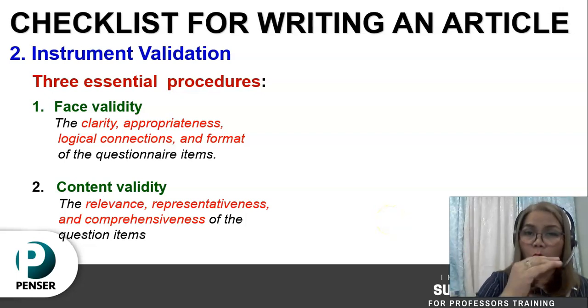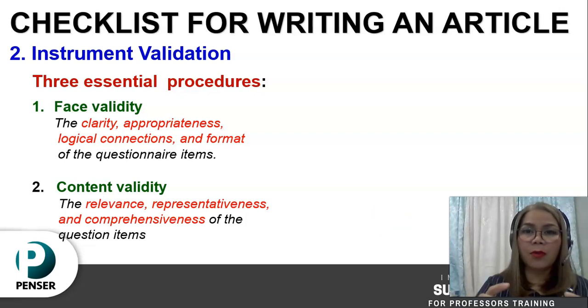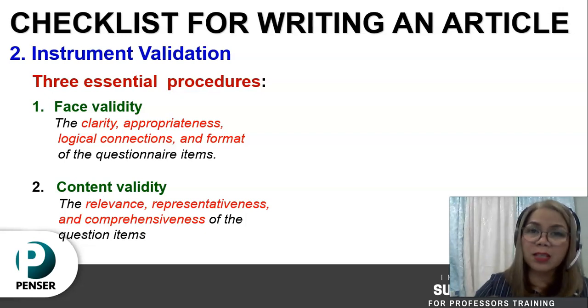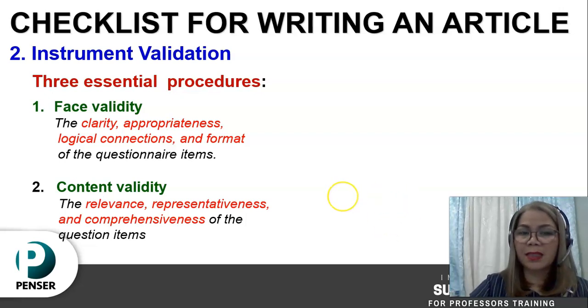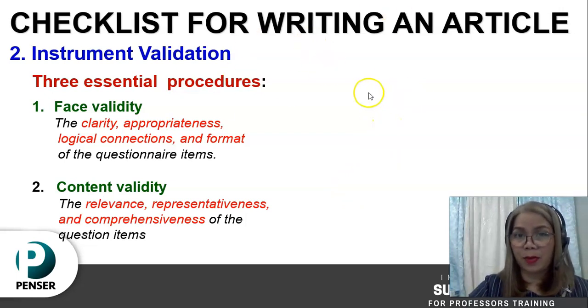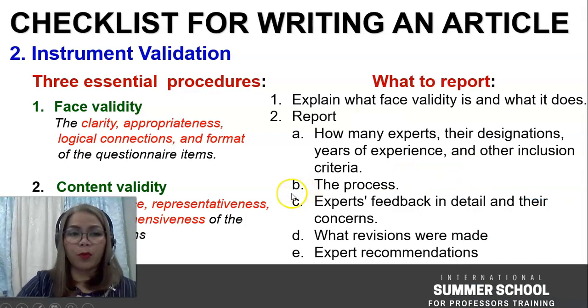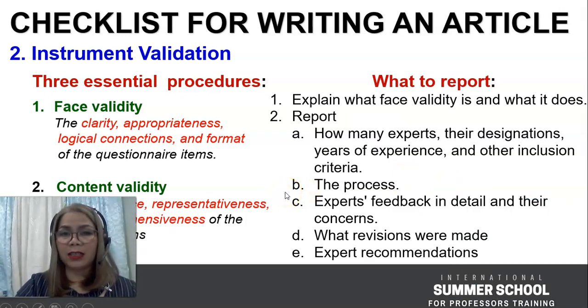Meaning, all the question items in our scale should be measuring the variables they intend to measure, and the questionnaire format should be clear, logically arranged, and appropriate to the target population or the target sample of our study. What are we going to report in terms of face and content validity? According to scholars, we need to explain what face validity is and what it does in a research.